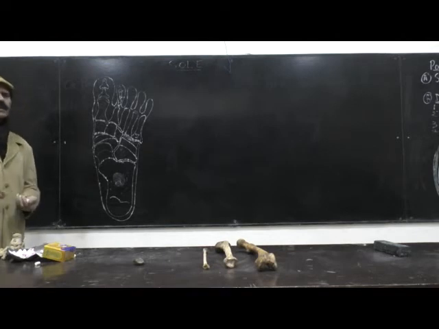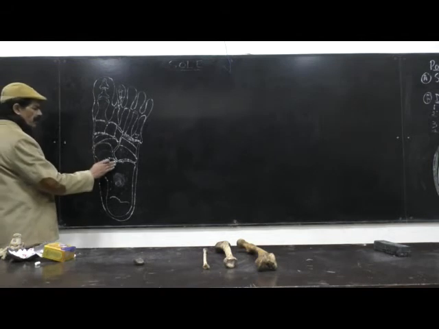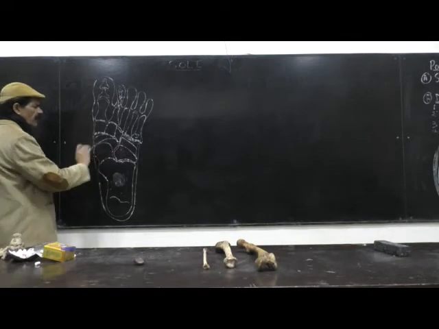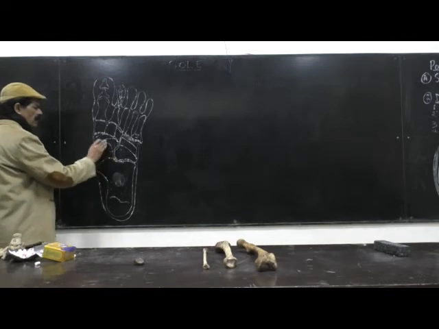Along with this, there are certain ligaments also. One ligament from the calcaneum goes to the navicular bone. This ligament runs under the head of the talus.